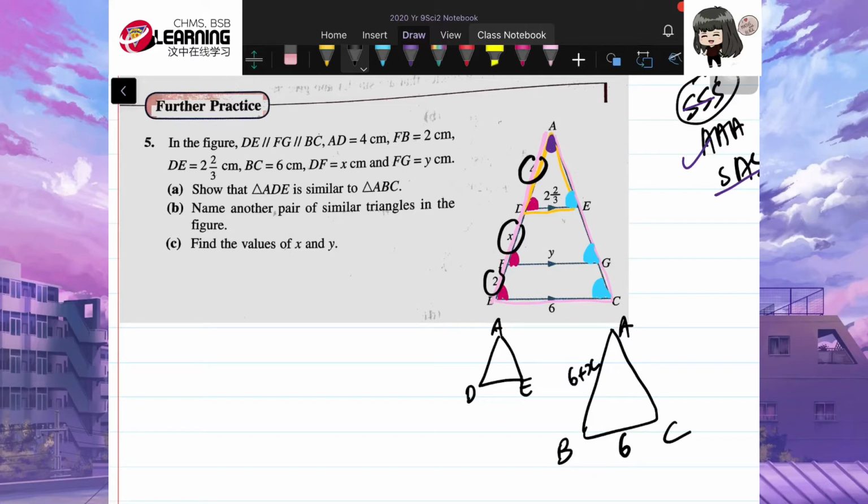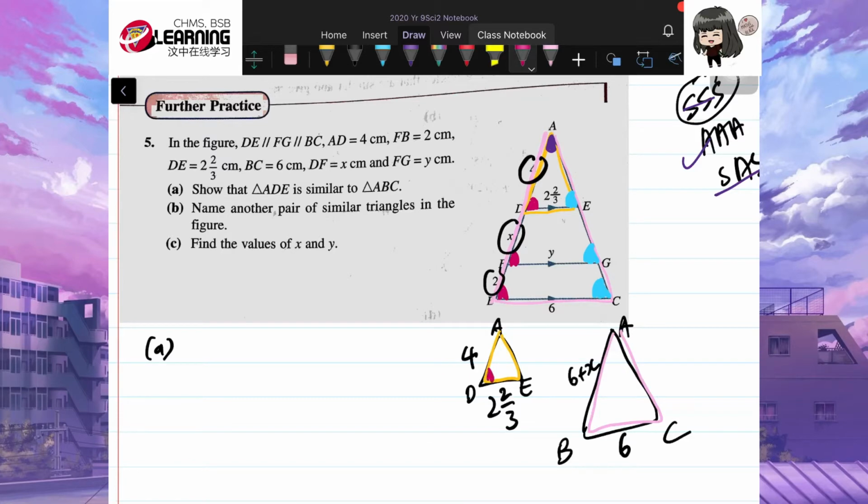Look at the pink triangle, and the other triangle, the yellow triangle over here. If we label them, this will be 4 and this is 2 over 3. Okay, so let's write down the reason for the angle.